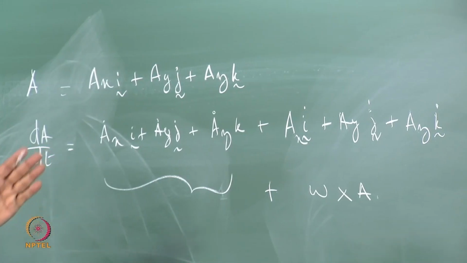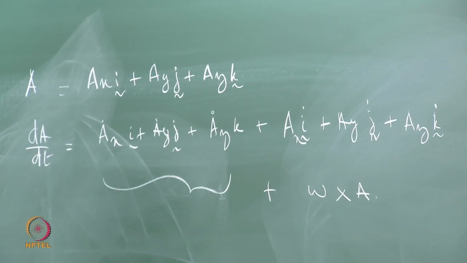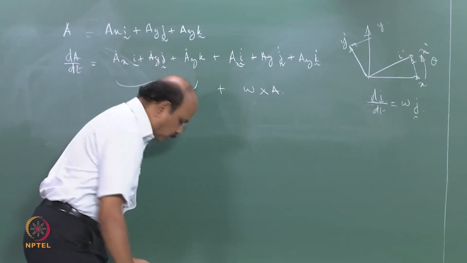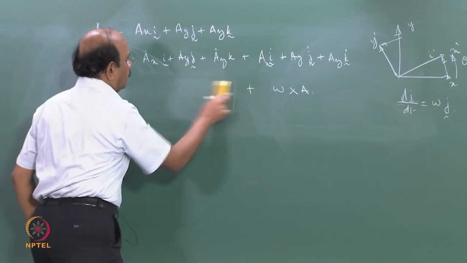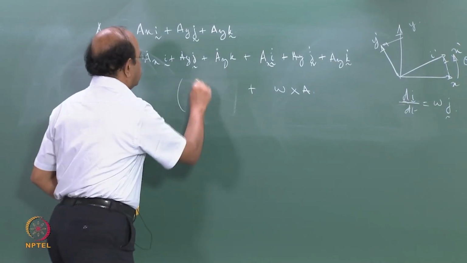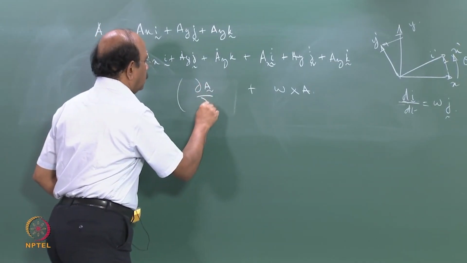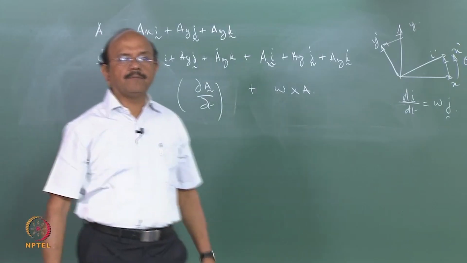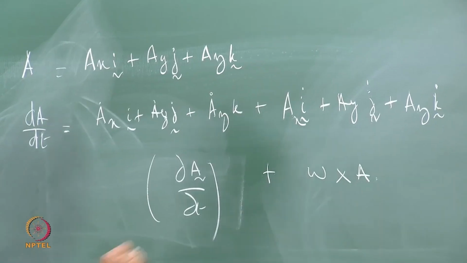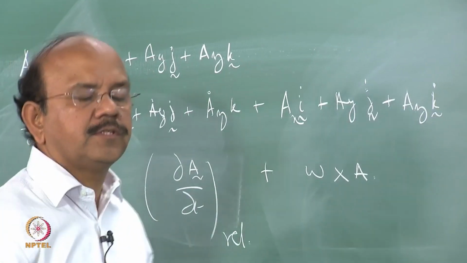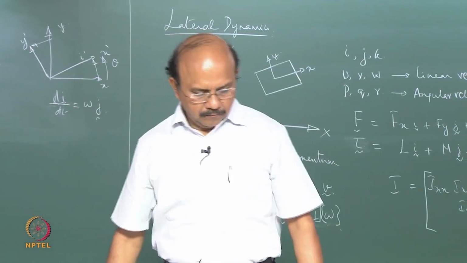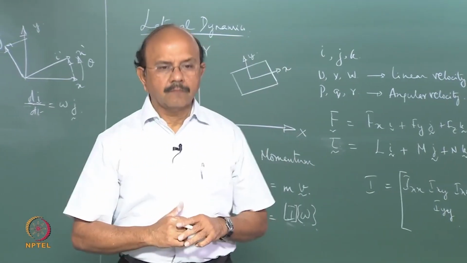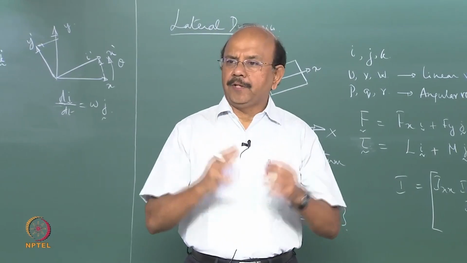Omega in our case is P, Q, and R. Clear? So we will give a new name to this part, and we will call this as dou A by dou t, call this as relative. So what is the physical meaning of the first term?